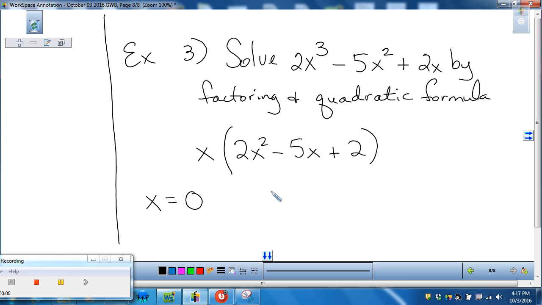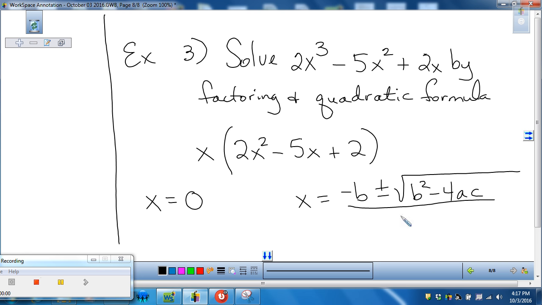So we have to go back and remember the quadratic formula. The formula says x is equal to the opposite of b plus or minus square root b squared minus 4ac, all divided by 2 times a.